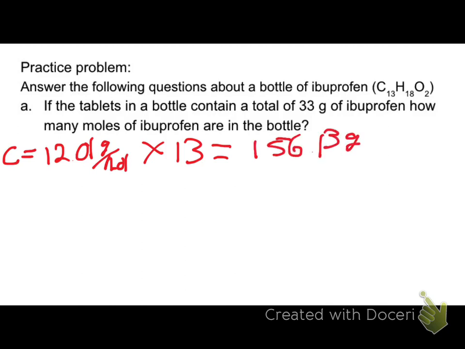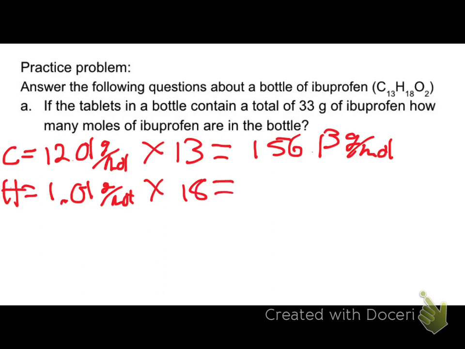156.13 grams per mole. Okay, then we have hydrogen, which has a molar mass of 1.01 grams per mole, times 18, because there are 18 of them, so we should come out with just 18.144 grams per mole.